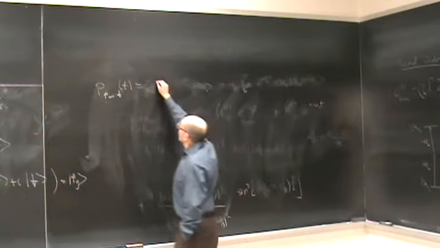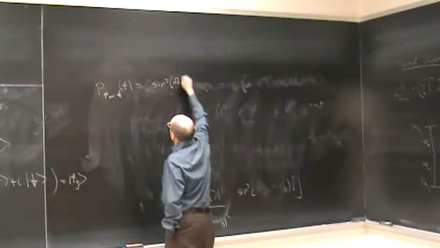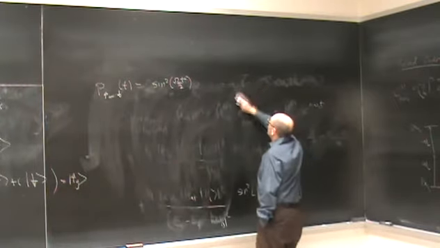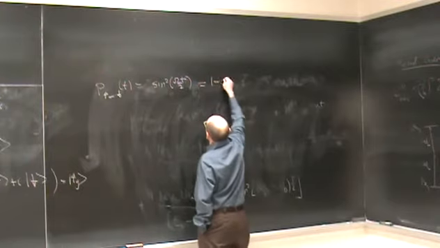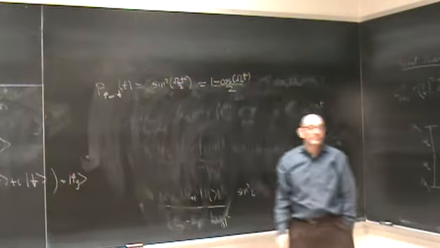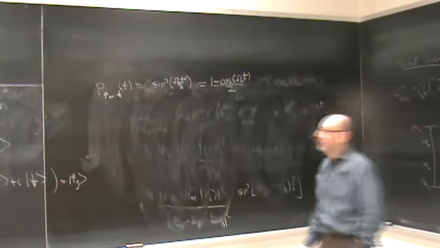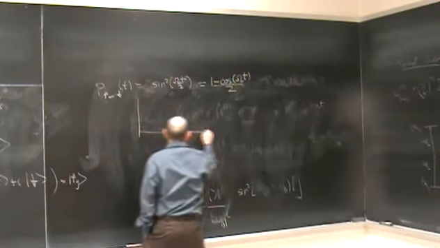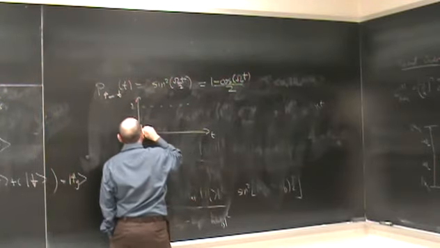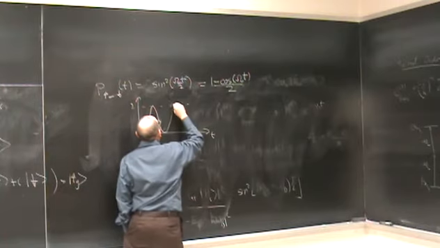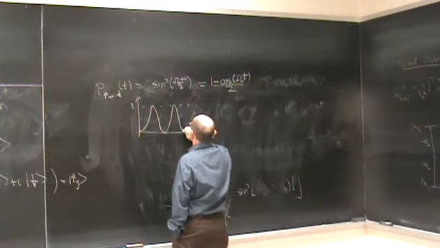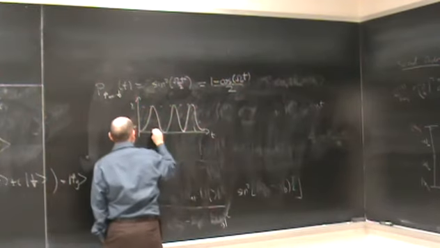Sine squared. Exactly. Which is equal to 1 minus cos omega t over 2. So that probability as a function of time oscillates at the Rabi frequency.